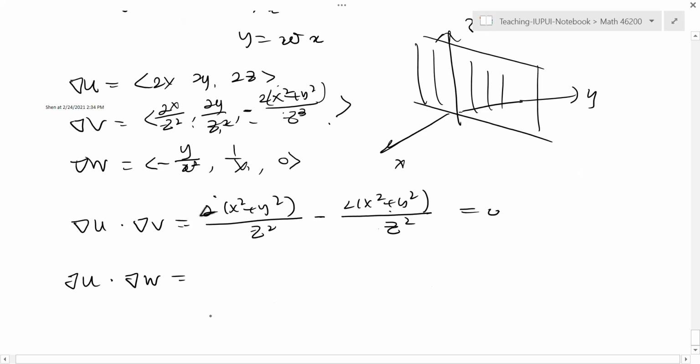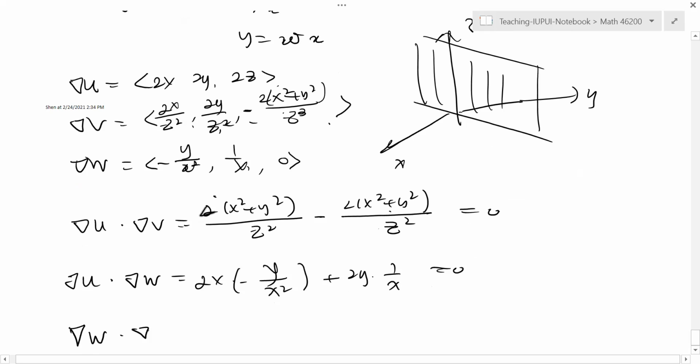How about this product? It's 2x times negative y over x squared, plus 2y times 1 over x. Wow, this is also 0. Great.